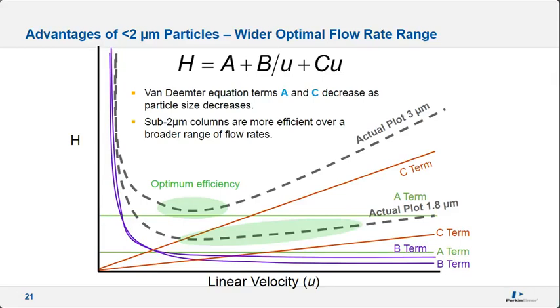We could see that these, in this case, Van Deemter curves again, but we could see the plot for the sub-2 micron or the 1.8 micron column is not only more efficient, or has a lower height equivalent to a theoretical plate, but it maintains a lower height equivalent to a theoretical plate over a wider range of linear velocity, even when compared to a 3-micron column. Again, this flow rate range is almost double the optimal flow rate range of a 3-micron column.